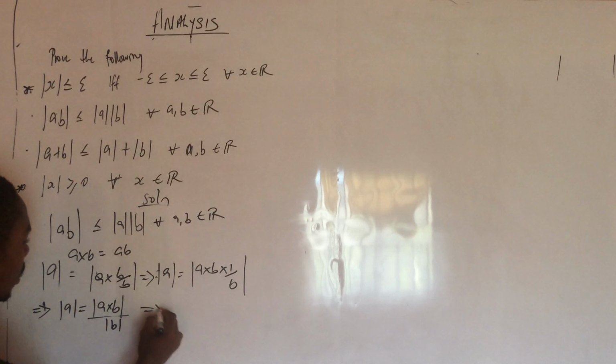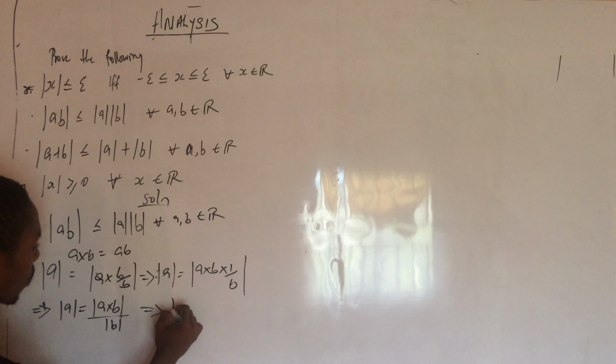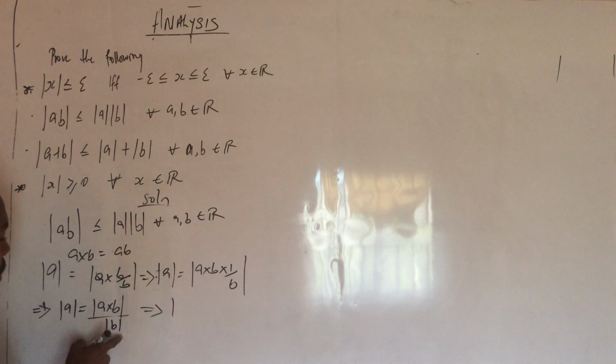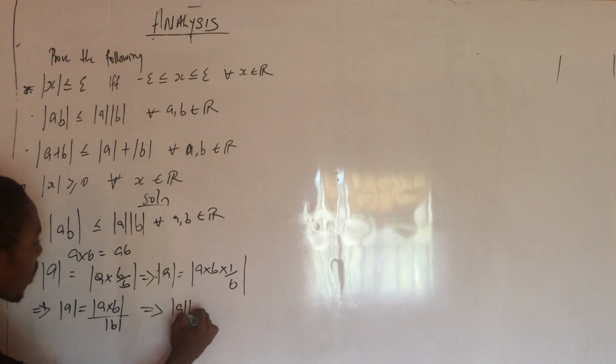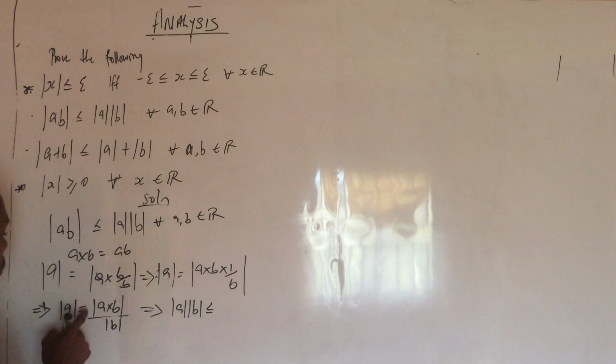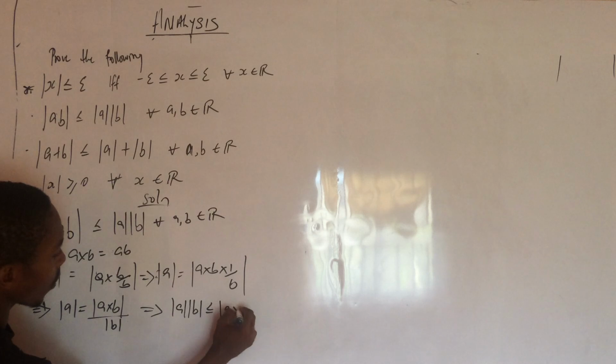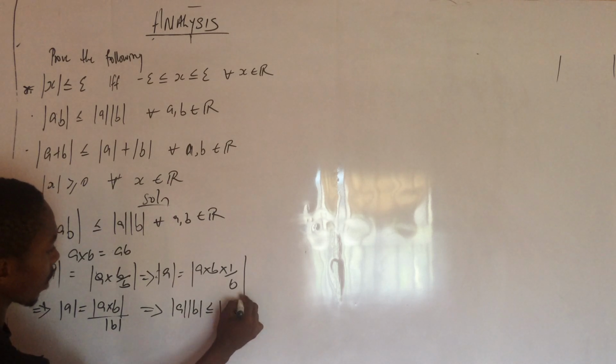I hope I'm correct. This implies, multiplying both sides by the absolute value of b, that the absolute value of a times the absolute value of b is less than or equal to the absolute value of a multiplied by b, which is what?